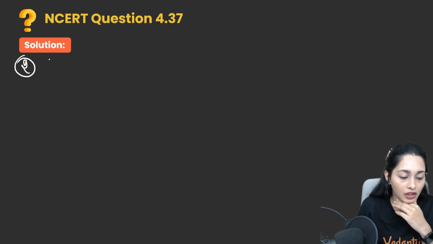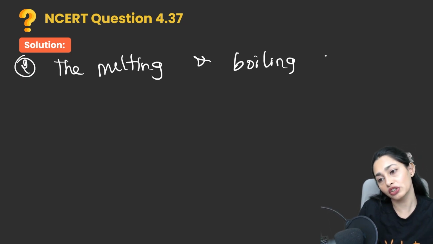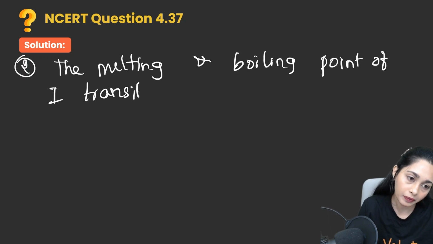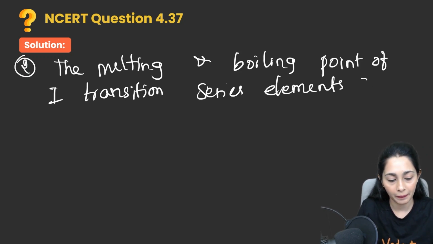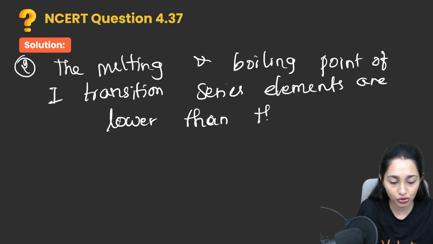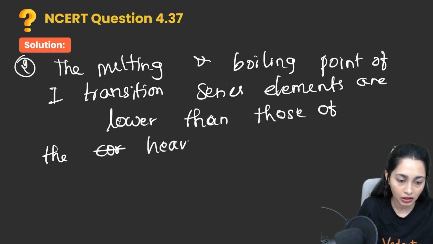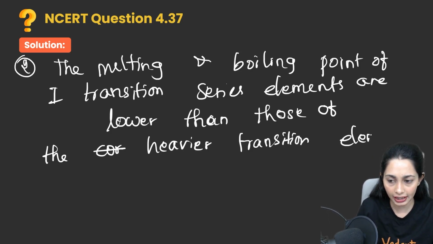What can we write? The melting and boiling points of first transition series elements are lower than those of the heavier transition elements.